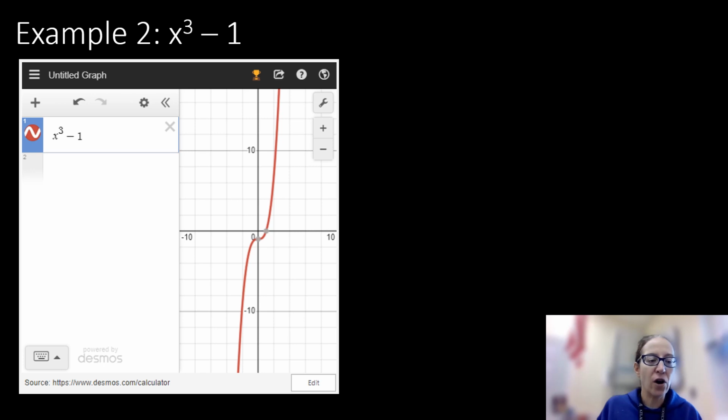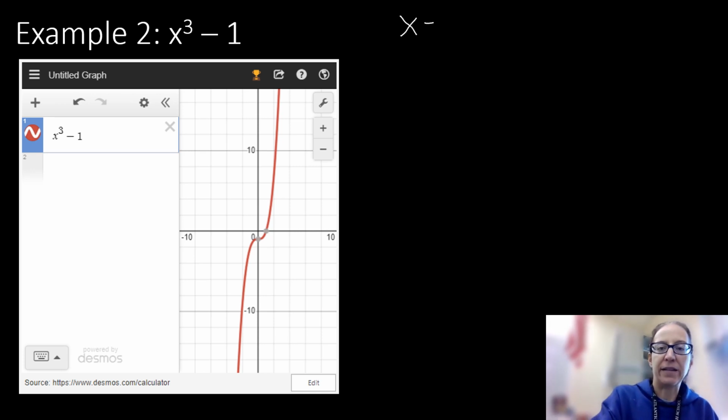Okay, so here's our next one. And this one, we have x to the third minus 1. So our first step is going to be to graph it and find that first root, the 0, the x-intercept. So we're going to use the graph to get the first one.